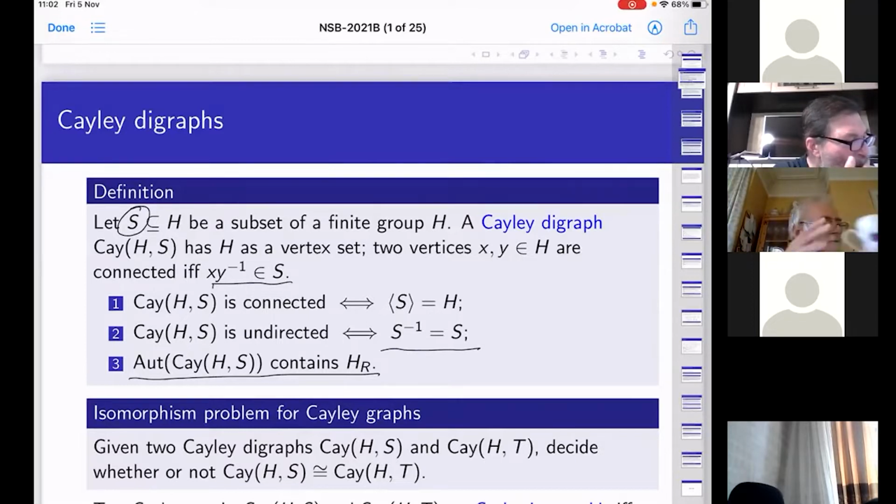But together with the general problem, for which we cannot find an efficient solution, we can look for special classes of graphs, hoping that for a particular class of graphs we can find a polynomial solution for the isomorphism problem.